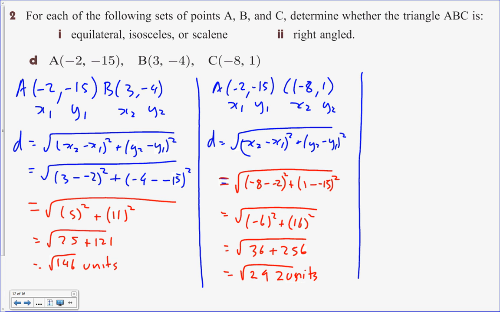Go to the last side, so now we're going to have B, which is 3, negative 4, and C, which is negative 8, 1. So x1, y1, x2, y2.